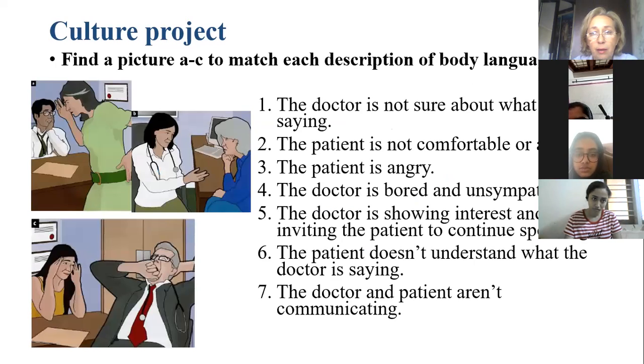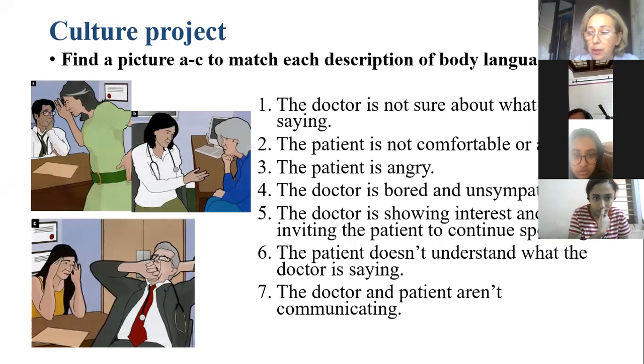Here you can see the pictures to the left, A, B, and C, and the description of some situations in the sentences. The task is to find a picture to match each description of body language. Okay, let us listen to Shaji. Is Shaji here?